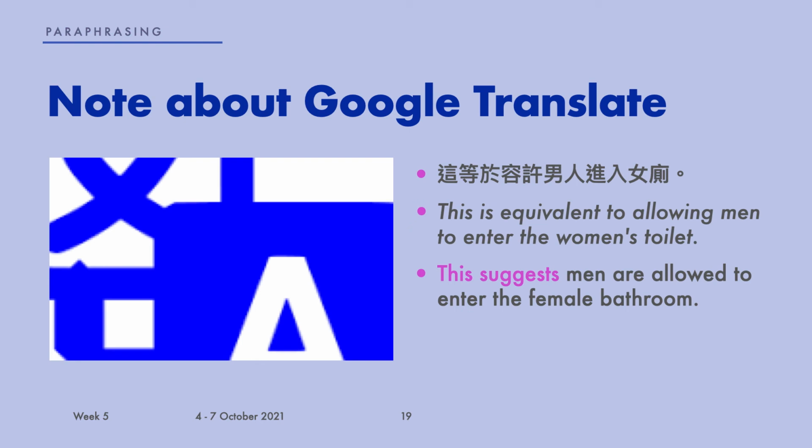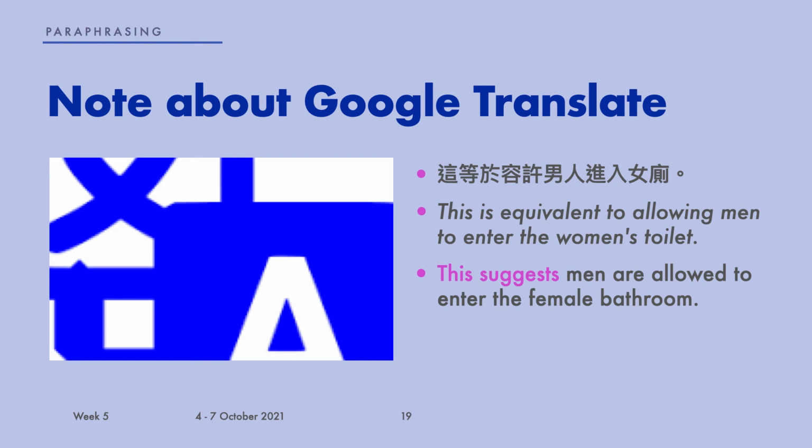So here is a Chinese example. If you allow me to read it in Cantonese, it would be like 咁等於容許男人入女廁啦. If you translate it through Google Translate, you will read something like this: This is equivalent to allowing men to enter the women's toilet. Okay, not bad.